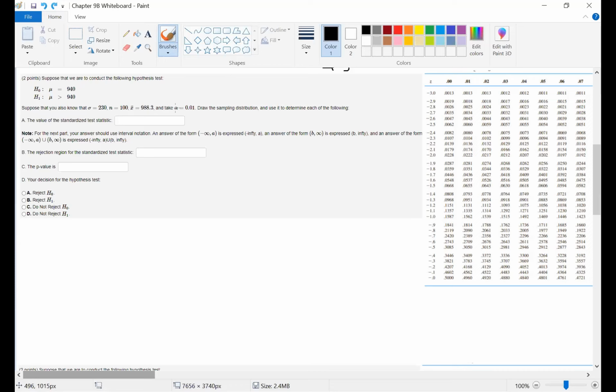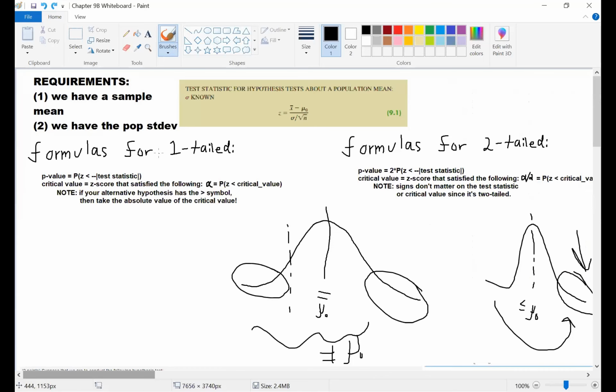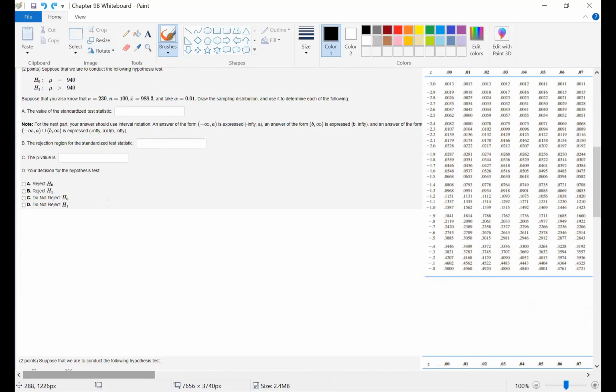So first of all, we know the population standard deviation, that's 230, and we have the sample mean of 988.3. This means we can use this. So first we need our test statistic. We recall our test statistic is equal to X bar, so 988.3, minus our hypothesized population mean, which is 940.